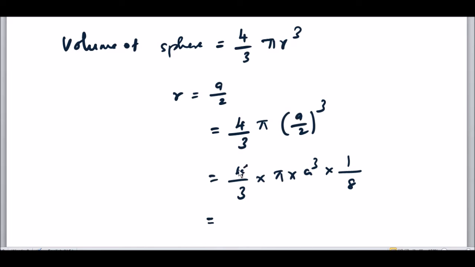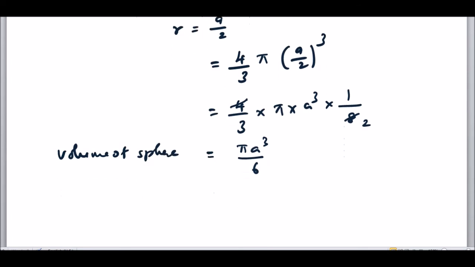On solving this, it can be cancelled 2 times, so that we can have pi a cube by 6. So this will be the volume of the sphere.